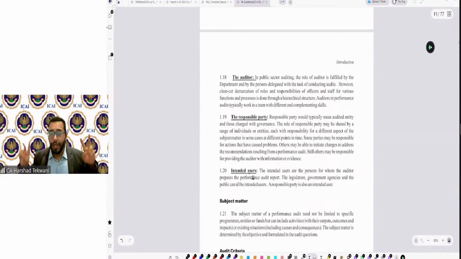As I told you at the start, the intended users are where your report is going to be used: first by CAG, then the legislature, then government, then various committees. All these are intended users. So you need to understand all these three parties. One, the auditor, I always understand, that is fine. Second, who is the responsible party? You need to identify that. And third is the intended users.